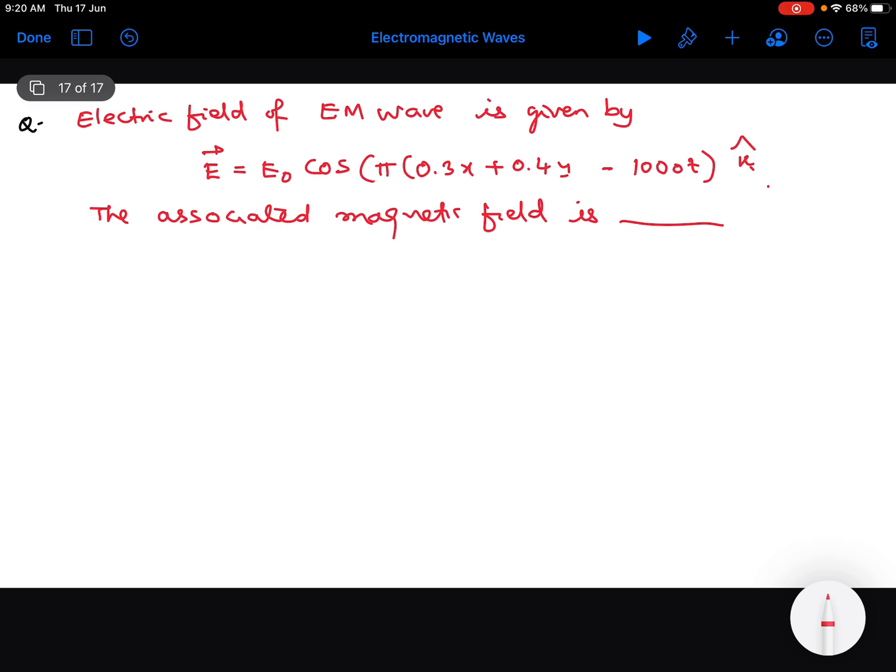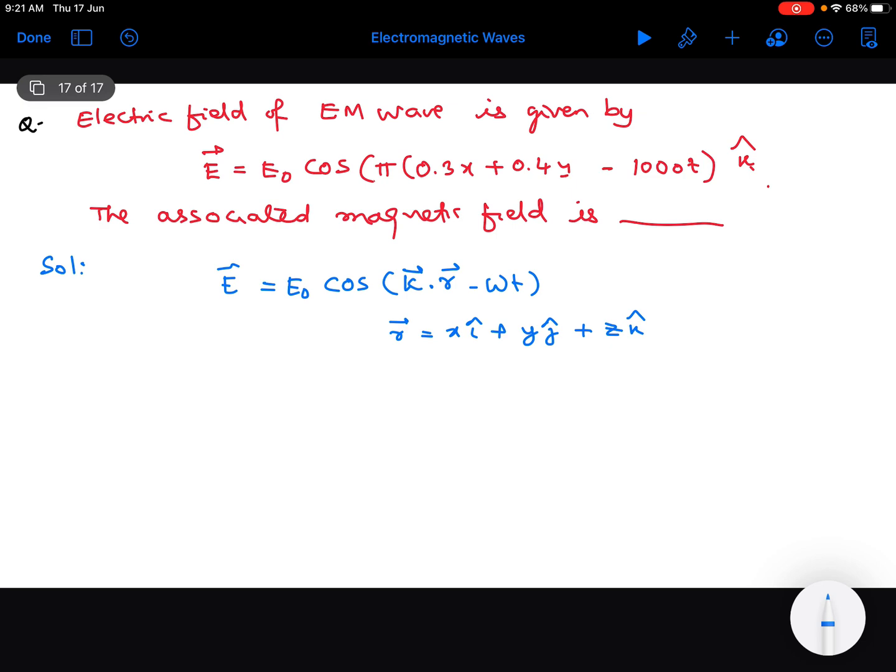So what do we do? First of all, we compare this with the solution E is equal to E0 cos of k dot r minus omega t. Now what is k? We know r bar is x i cap plus y j cap plus z k cap.